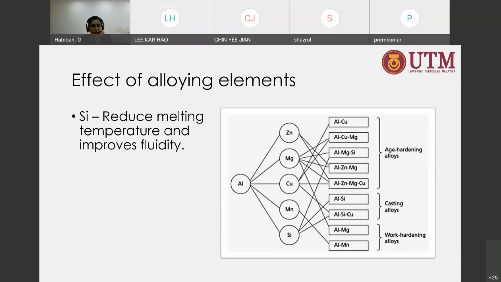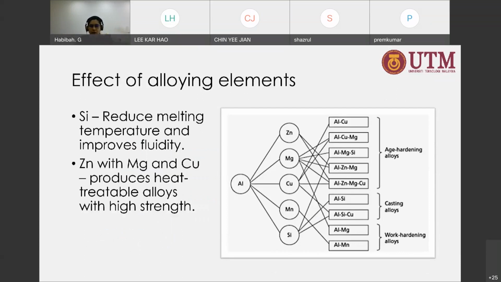Silicon reduces the melting temperature and improves the fluidity. If we add zinc with magnesium and copper, it produces heat-treatable alloy with high strength. And if we add manganese, we can increase the strength of the materials. So that's all for the aluminum.